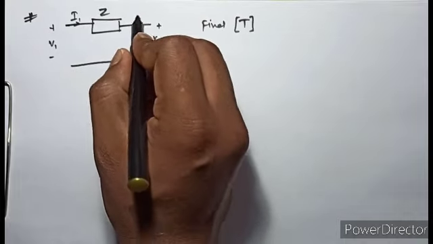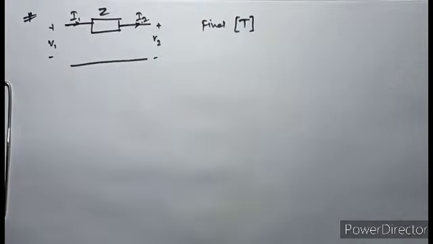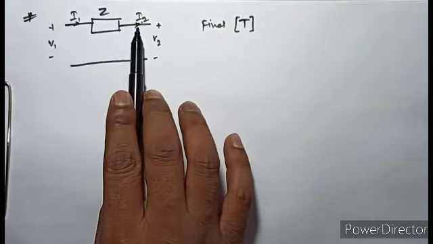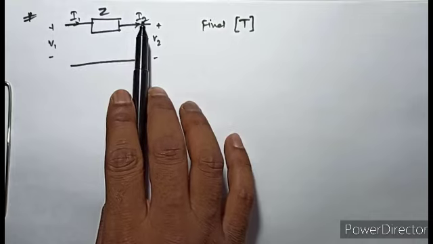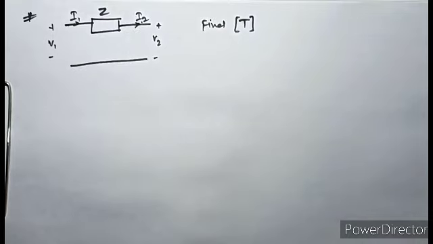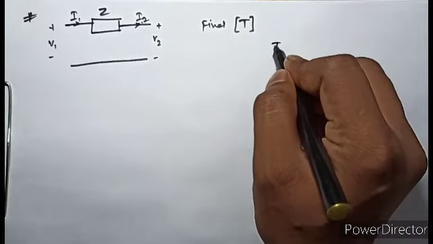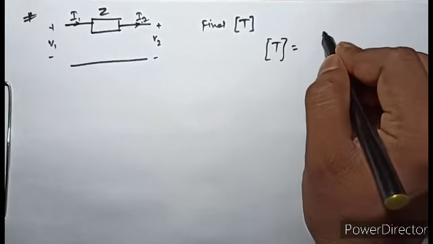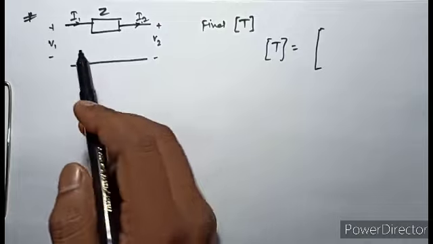Since we are finding T parameters, that is why I have taken current I2 as leaving the port. So the representation, or simply the T parameter for this, is basically the standard form.